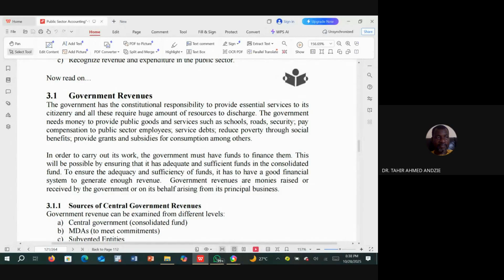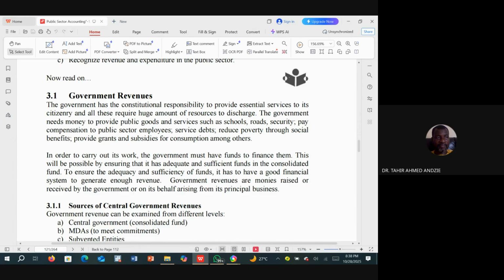So what do we mean by government revenue? The government of a country has the constitutional responsibility to provide essential services to its citizenry, and all this requires a huge amount of resources to discharge.